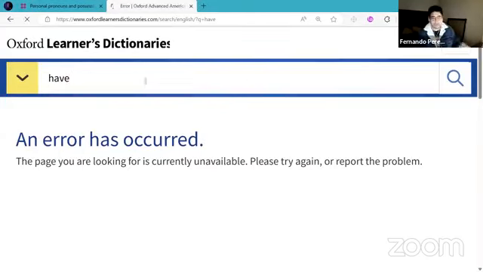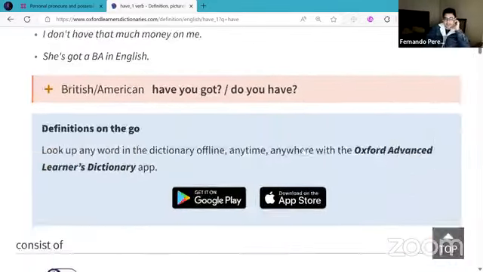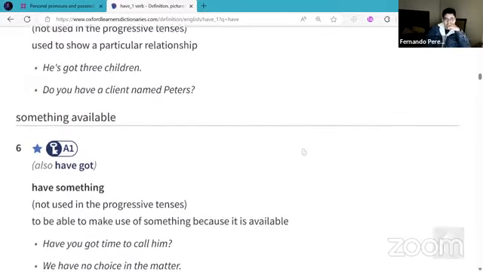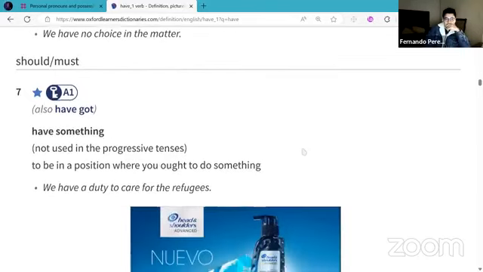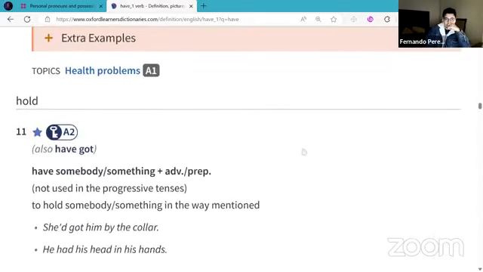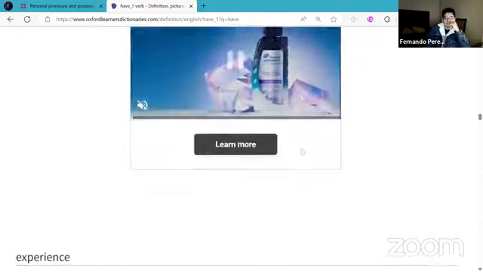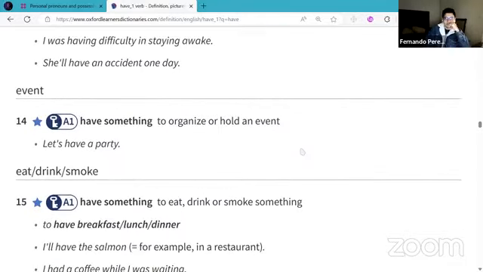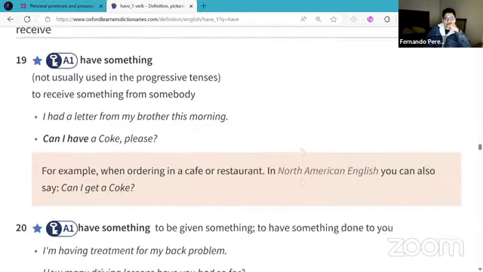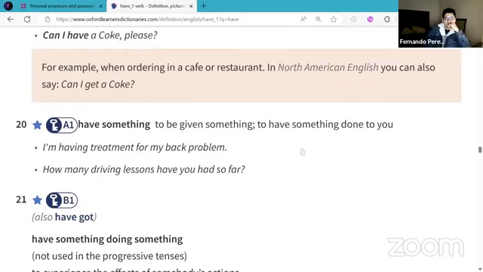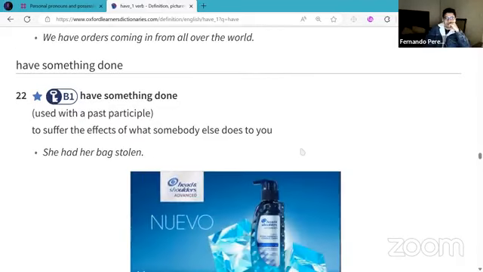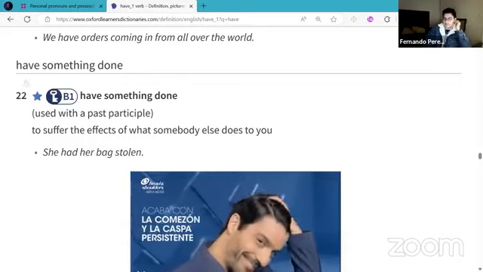Looking at the dictionary, we are going to see that the definition number 22.